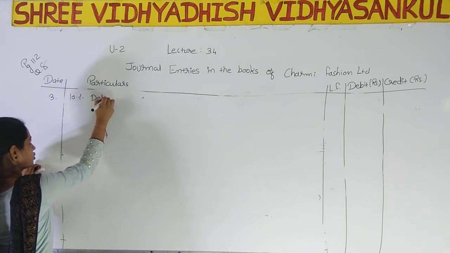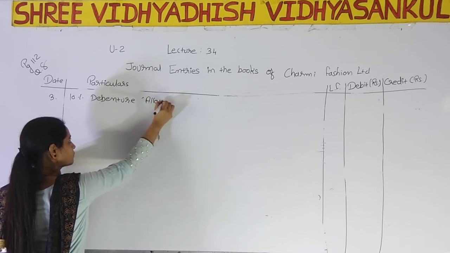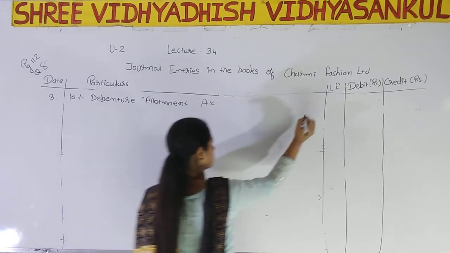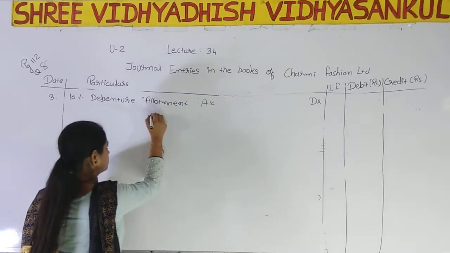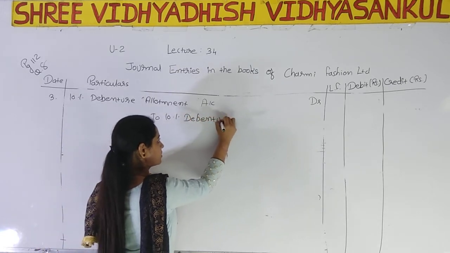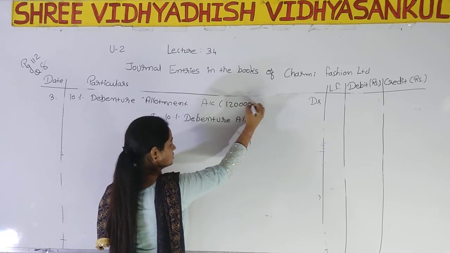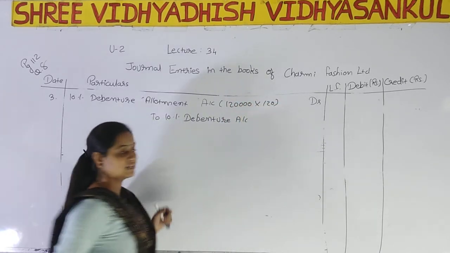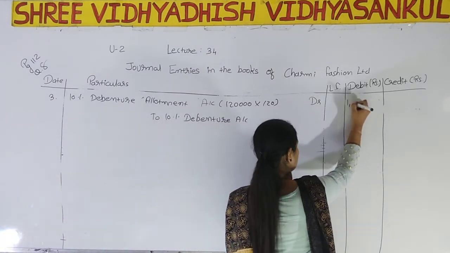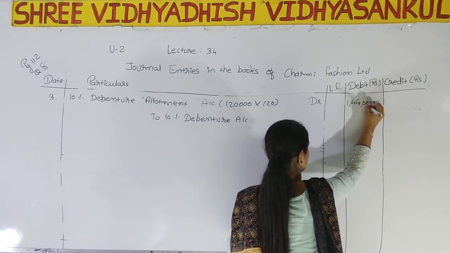10% debenture allotment account debit to 10% debenture account. We have issued only 1,20,000, we have demanded 120 rupees, right? That means 1 crore 44 lakh rupees we have demanded.